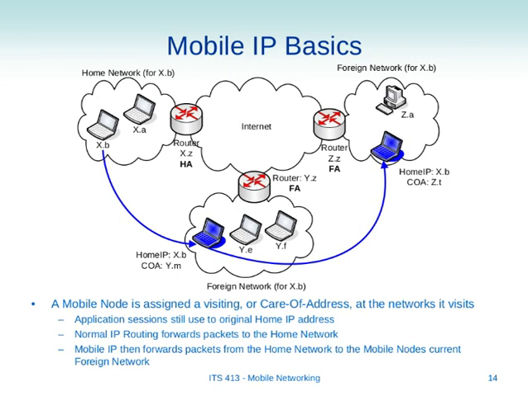So it knows that it's Y.M. How does it know? We need to do some registration to tell it. But it's a table that maintains a list of where its home mobile nodes are at this point in time. Are they home, or which foreign network are they in?